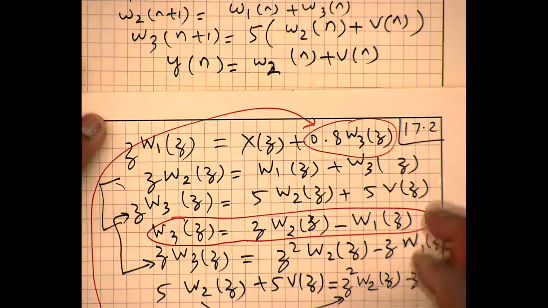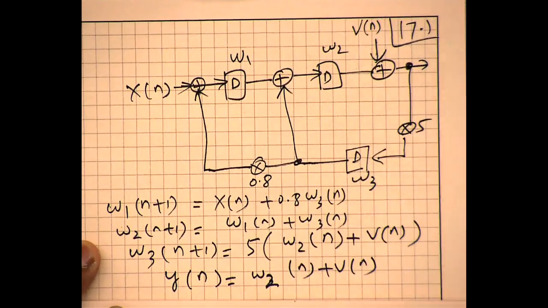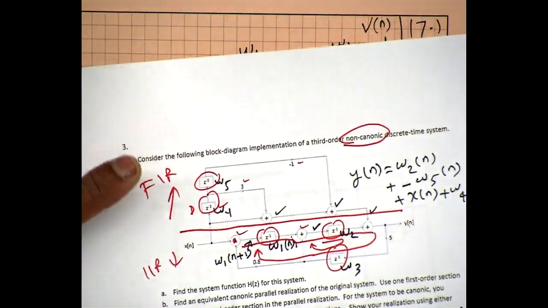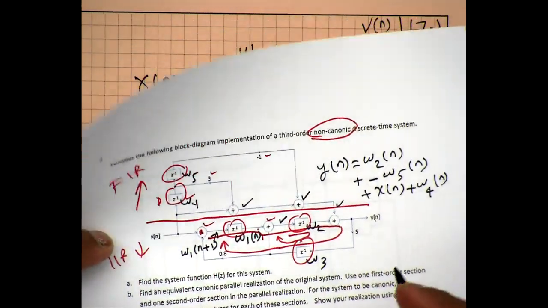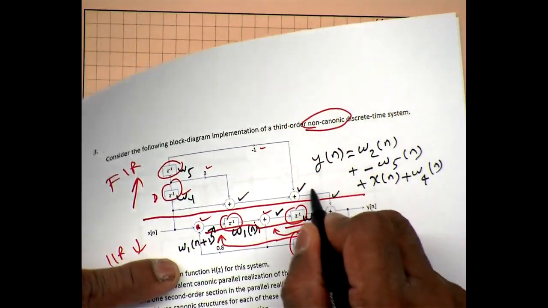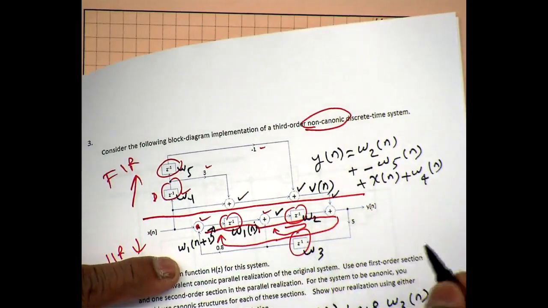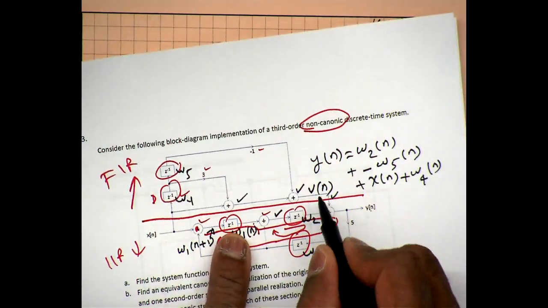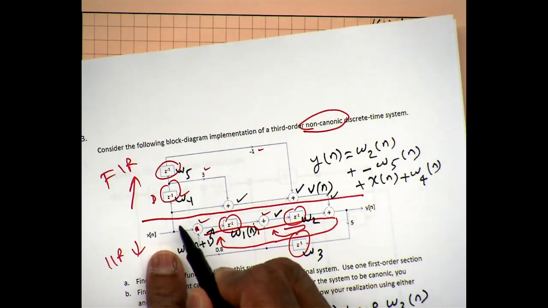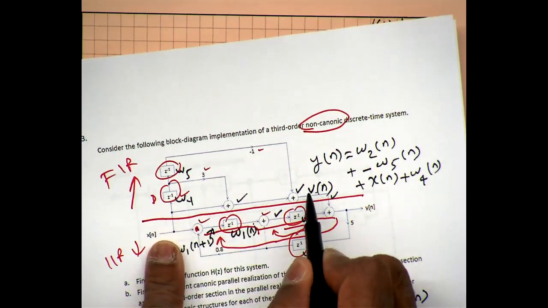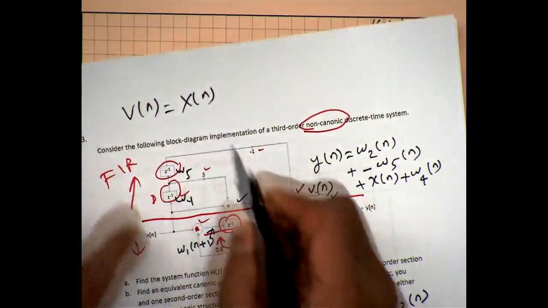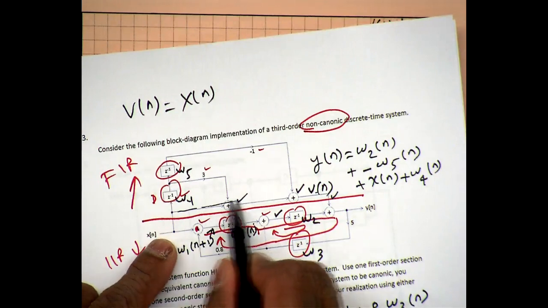So let me just say what is Vn. I didn't write down the whole thing here, but if you come back to the quantity that we are adding here, Vn, these are all forward paths. So the input x goes straight. Vn is equal to xn, so that's this input x going straight.